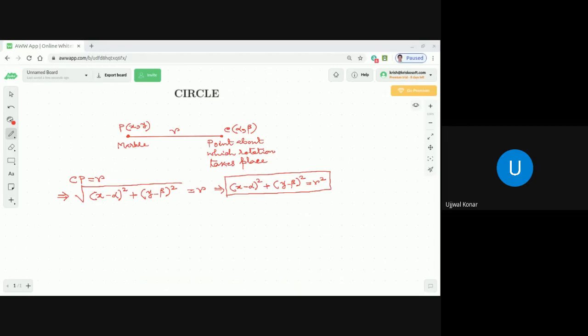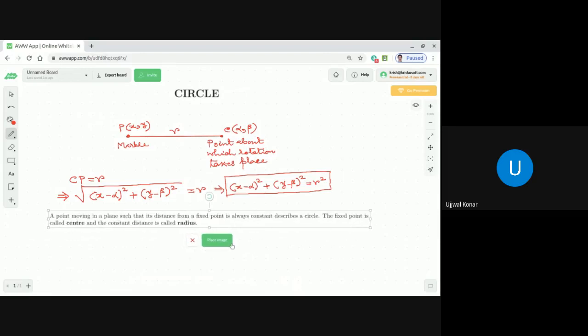So how do you define the circle then? A point moving in a plane such that its distance from a fixed point is always constant describes a circle. The fixed point is called the center and the constant distance is called the radius. Let me put it from the study material and keep it here, dear students.